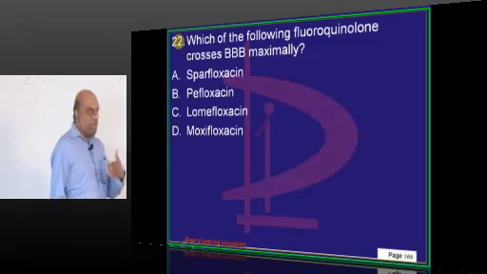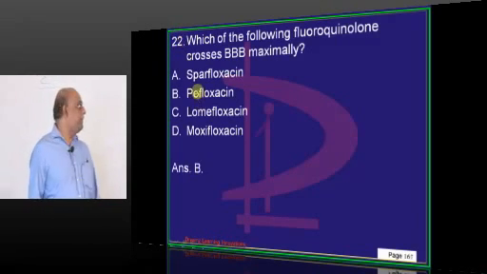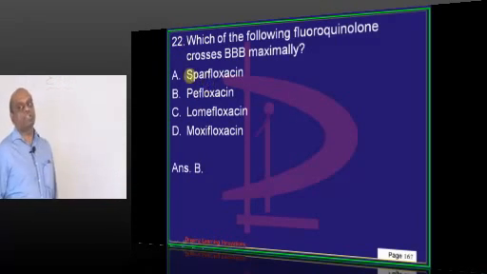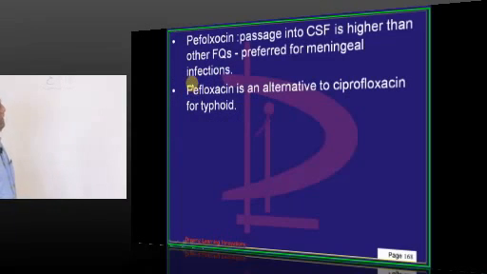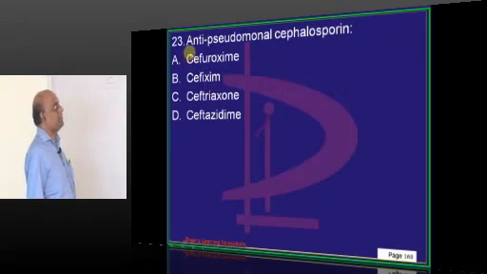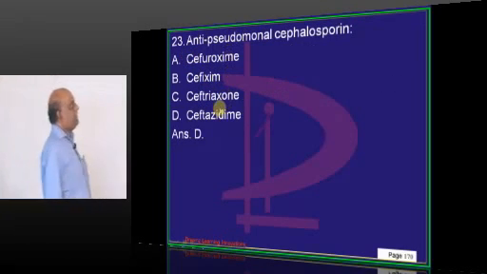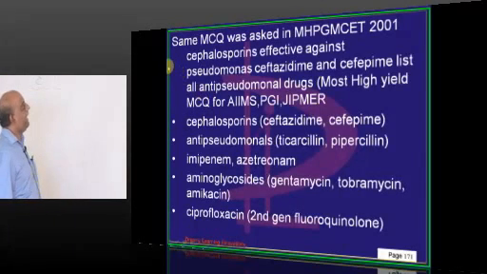Then which fluoroquinolone crosses the blood-brain barrier maximally? Pefloxacin. Then especially for typhoid, ciprofloxacin alternative would be pefloxacin. Ceftazidime is called the anti-pseudomonal cephalosporin.